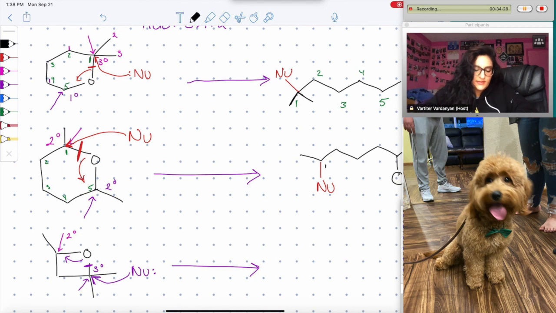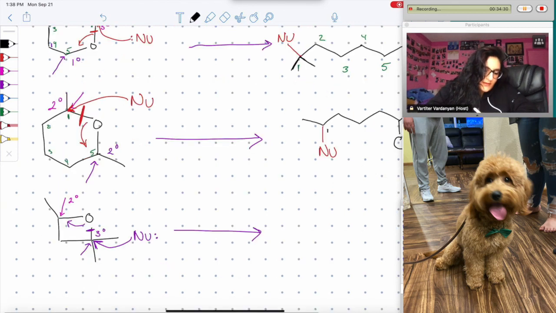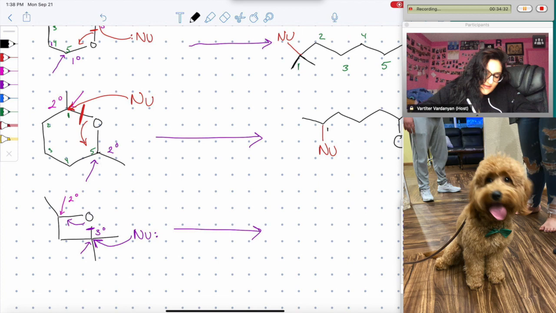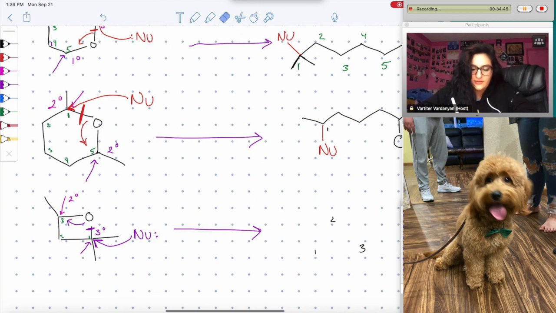Last but certainly not least, I'm going to start numbering again at the side that the nucleophile attacked. 1, 2, 3. We have a nice and easy 3 carbon chain. And we'll count that as 1, 2. Wow, I said nice and easy 3 carbon chain and I drew a 4 carbon chain. That's awesome. So on carbon number 1, we have 2 methyl groups.